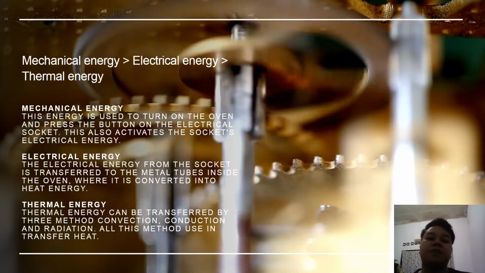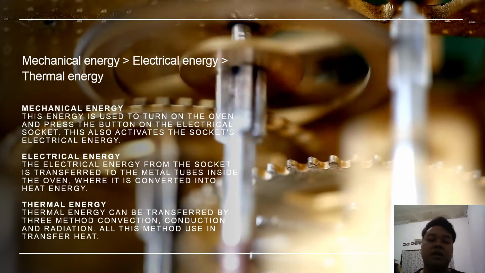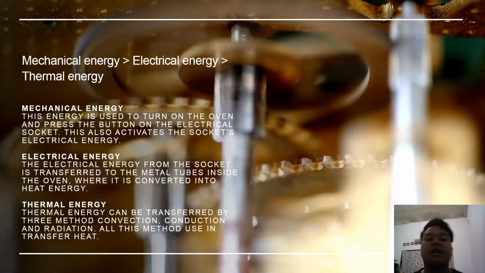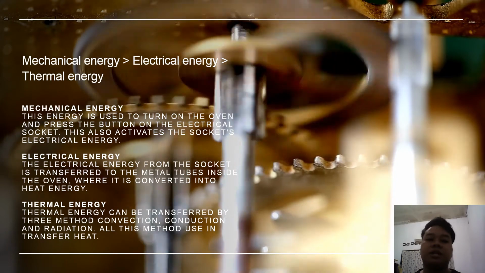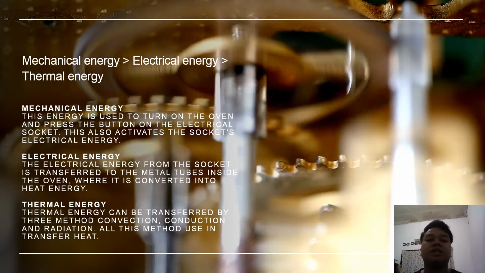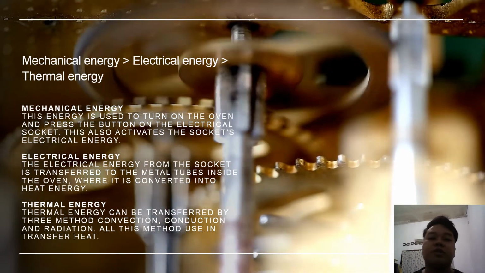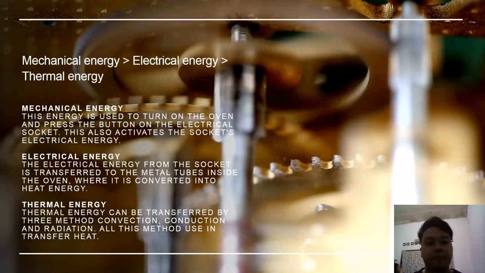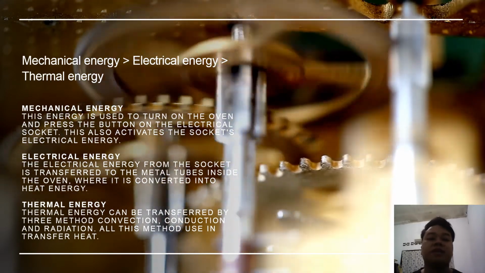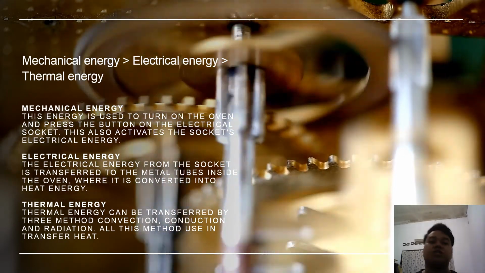In microwave ovens, mechanical energy will turn to electrical energy and then turn to thermal energy. What is the mechanical energy? Mechanical energy is used to turn on the oven and press the button on the electrical socket. This also activates the socket electrical energy.